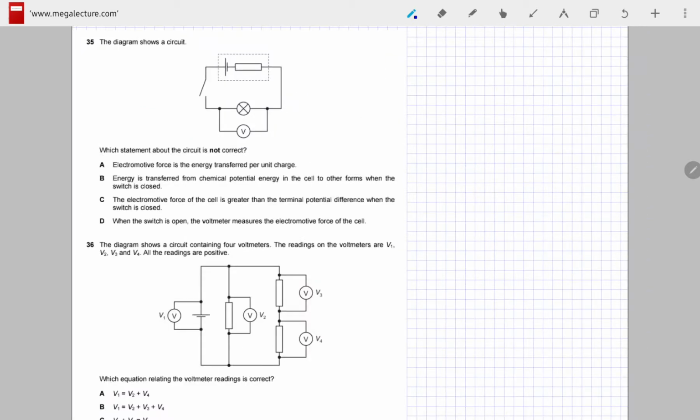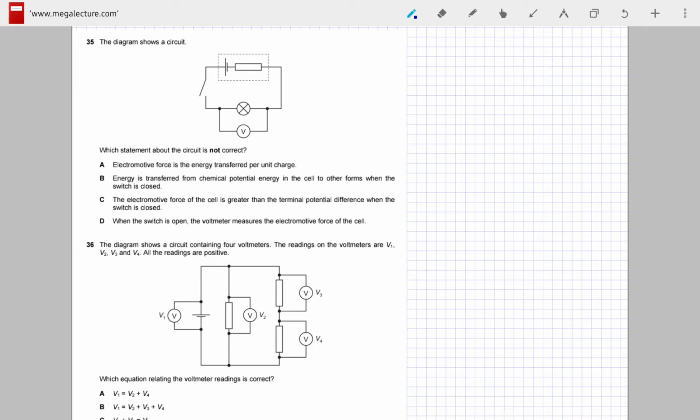Moving on to question number 35, we have a circuit, and we're asked which statement about the circuit is not true. So let's start from A. Electromotive force is the energy transferred per unit charge. So we know that's true. B. Energy is transferred from chemical potential energy in a cell to other forms when the switch is closed. That is obviously true.